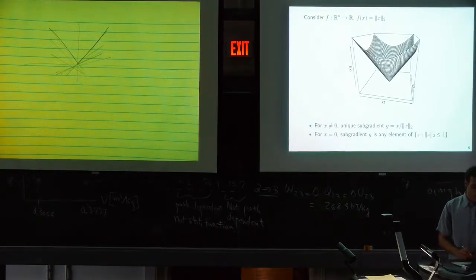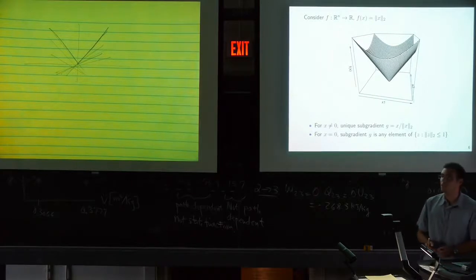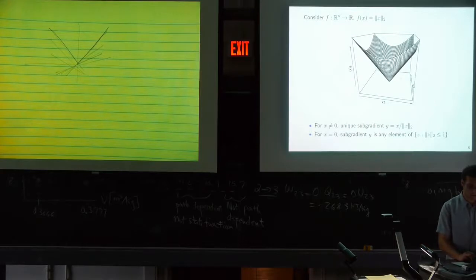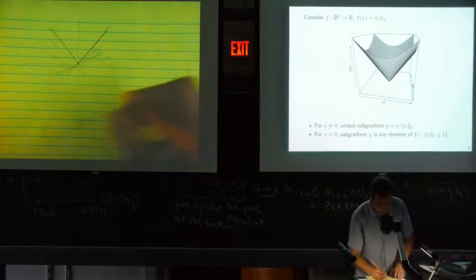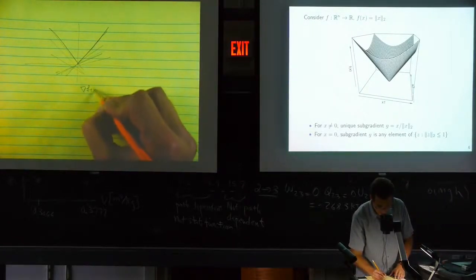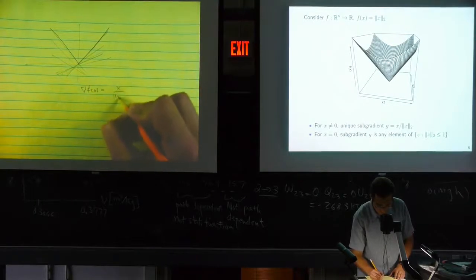Okay, how about the Euclidean norm of x? So here I have a picture. It's two-dimensional. So I have x1 and x2, and I look at the Euclidean norm of that vector, x1, x2. Here's a drawing of the function. If x is not 0, then that function is differentiable, and its gradient is just x over the norm of x.